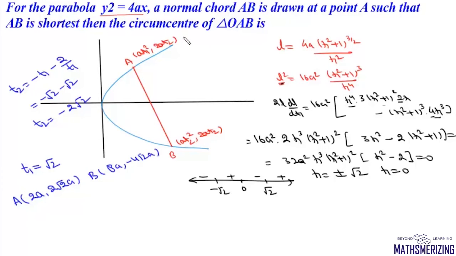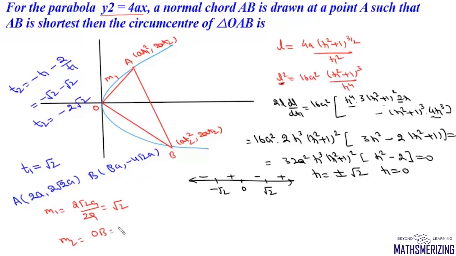Now we need to find the circumcenter of this triangle OAB. Now we'll find the slope of OA. We know that the slope of OA is 2√2a/2a, so it'll simply be root 2, and we'll find the slope of OB.